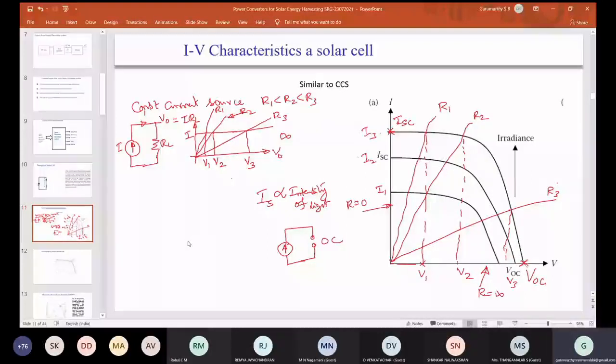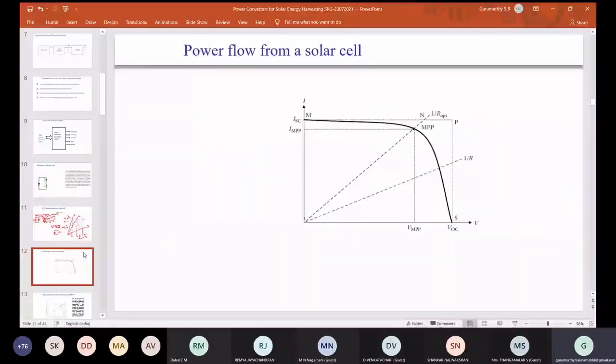As I mentioned in the beginning, our focus is mainly on energy and the output power. We have to extract as much energy as possible. So what is the power drawn from the solar cell?